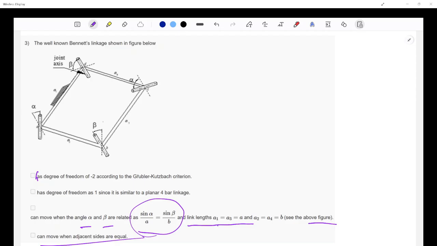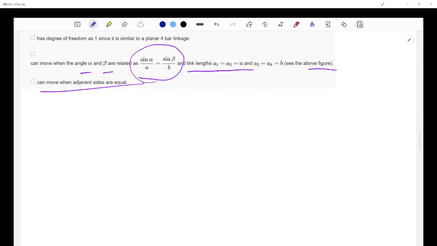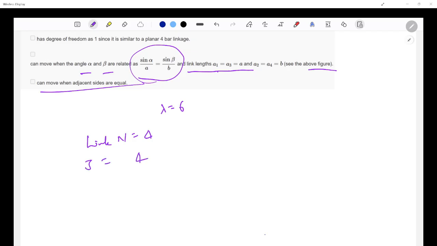Okay, so if we find out the degrees of freedom using Grubler's criterion, this is a spatial mechanism where lambda is equal to 6. The links are 4 in number, joints are 4 in number, and all of them are revolute joints, right? And each joint has 1 degree of freedom, so fi is equal to 1.